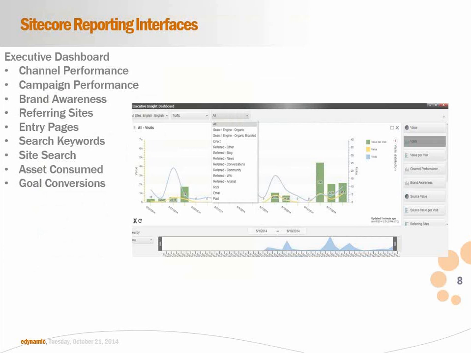So what do all these reports help you to do? Let's take the example of channel performance. You can get this report by various KPIs, by visits, values, value per visit, and things like that. We are just talking about the basic reports right now, and we'll move into more advanced stuff.